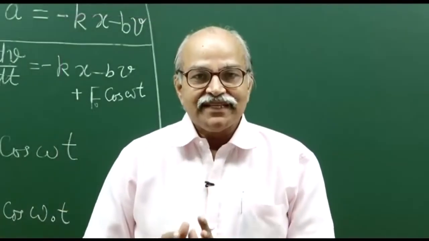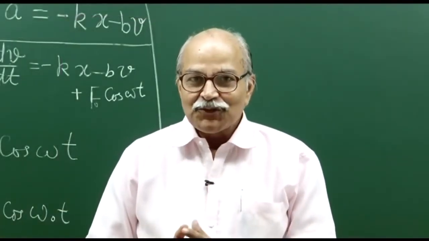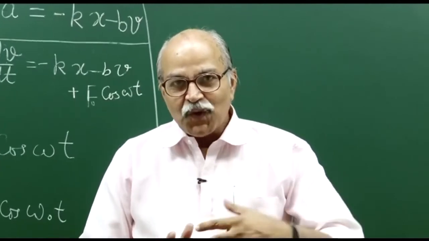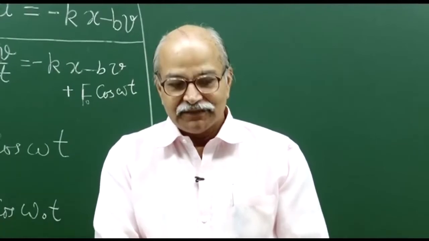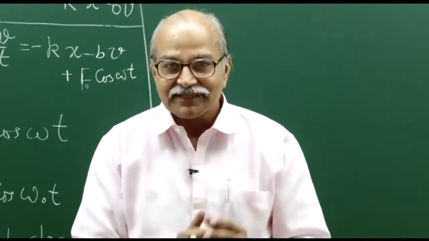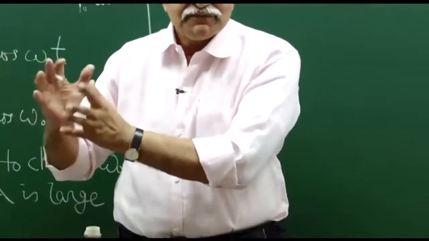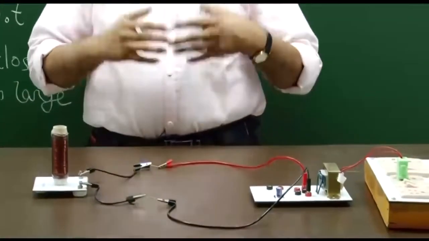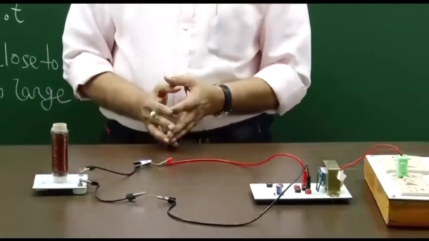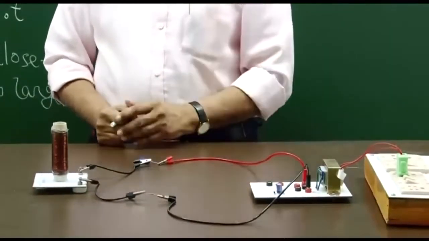See, in the previous lecture, I showed you a mathematically equivalent system in terms of an electrical circuit. You have something which oscillates in a mechanical system, but in an electrical circuit, current can oscillate.